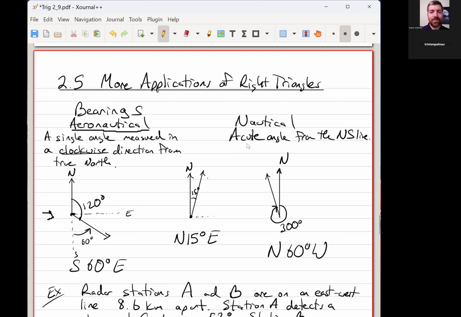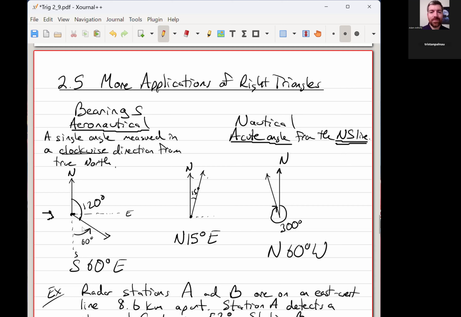Nautical bearings, on the other hand, are an acute angle, almost like the reference angle from the north-south line. And that's important: always from the north-south line. So I went ahead and, for all these directions in aeronautical bearings, I wrote the nautical bearing below it. Let's see if we can make sense of that.